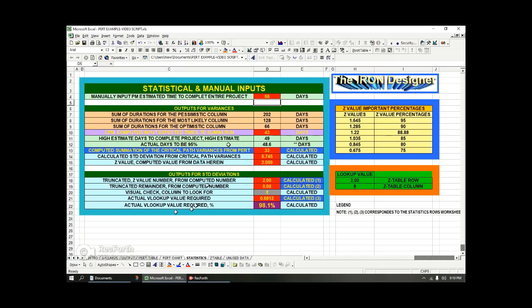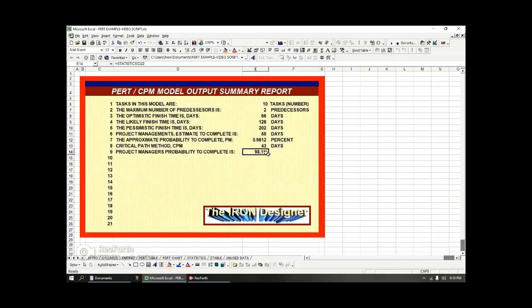You'll see that if I go back to statistics and I change this, say, to 55, and we go back to output, see it automatically did the update. So this is a way to play what-if and play with the model and see what you could get from doing the modeling. So this is IronDesigner.